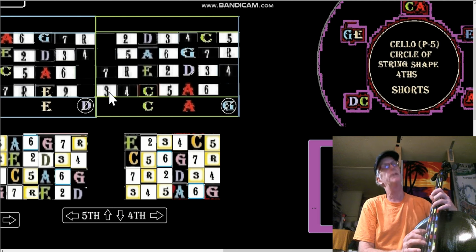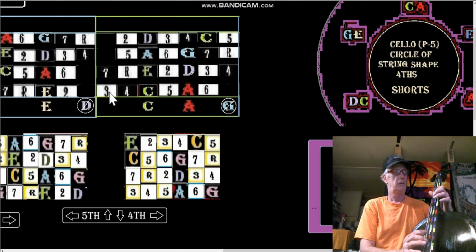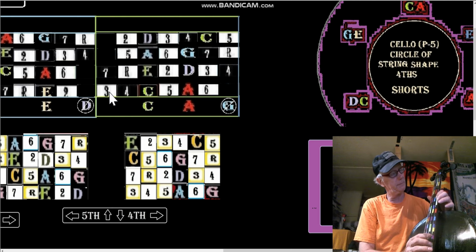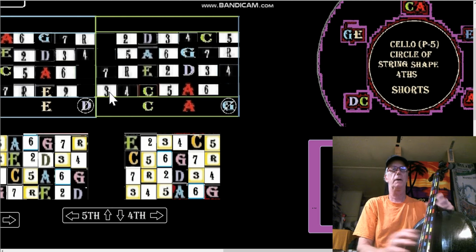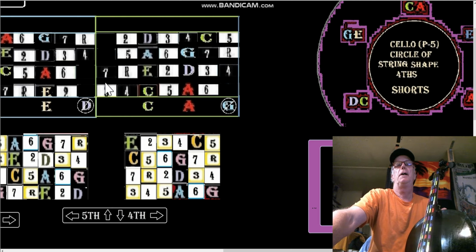And then on string 3, 5, root up here, then 3, 5. Okay, so those are the triads.